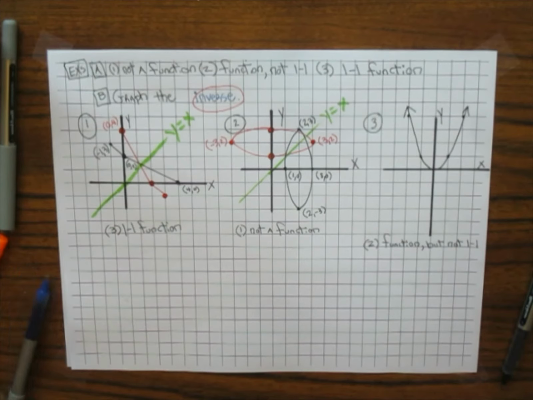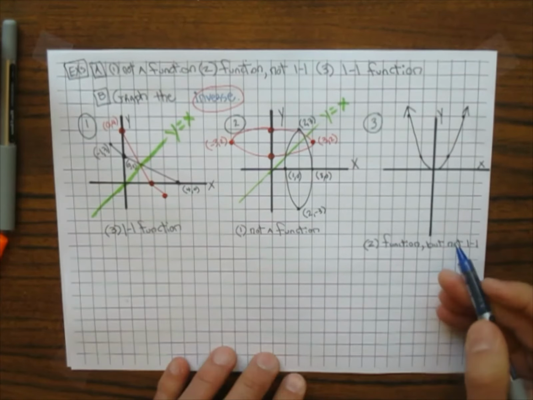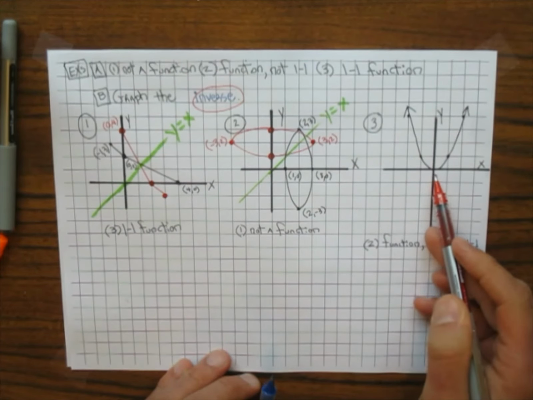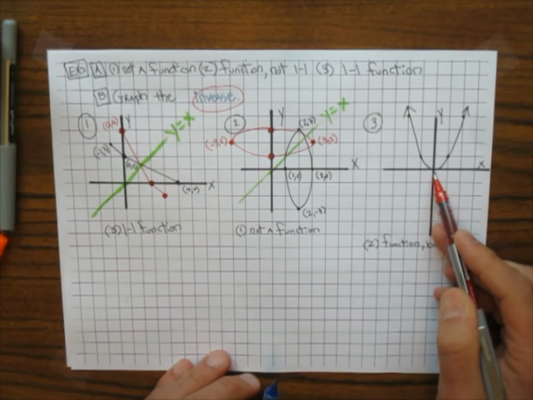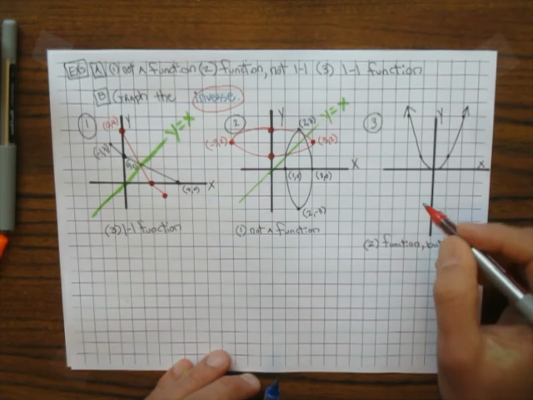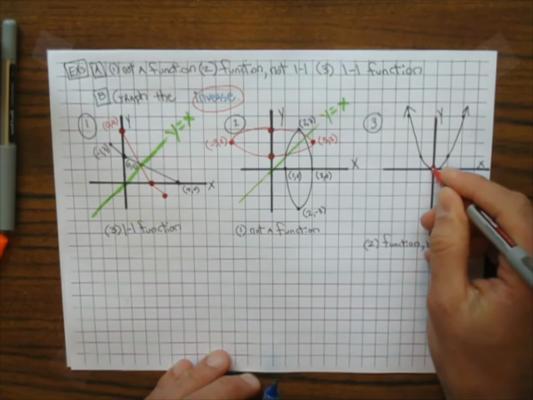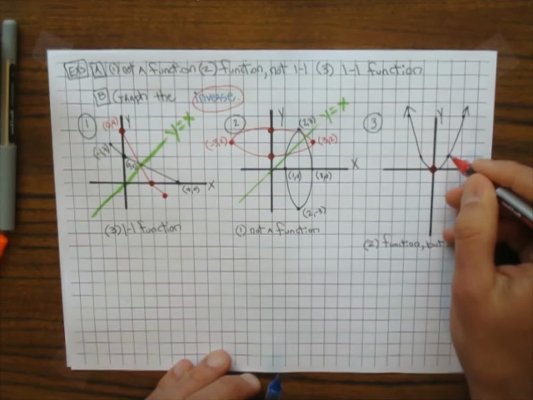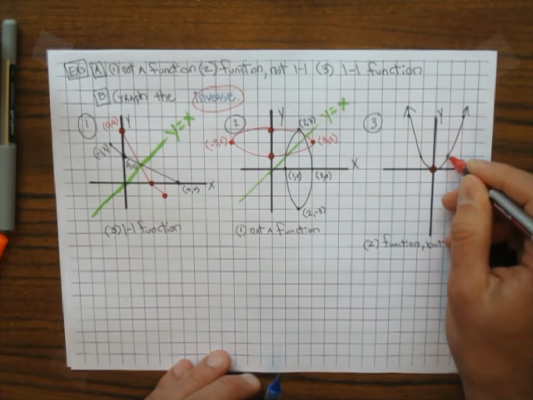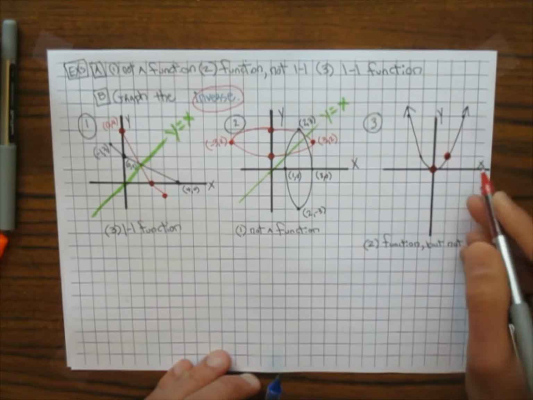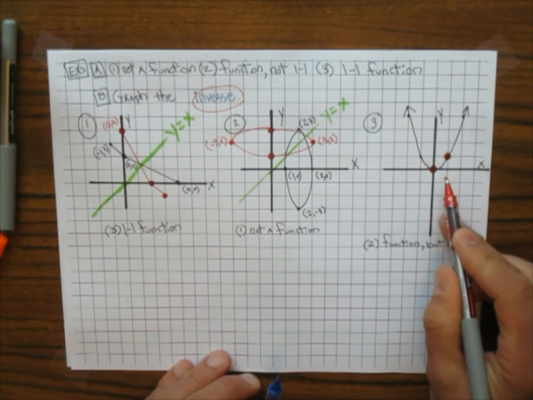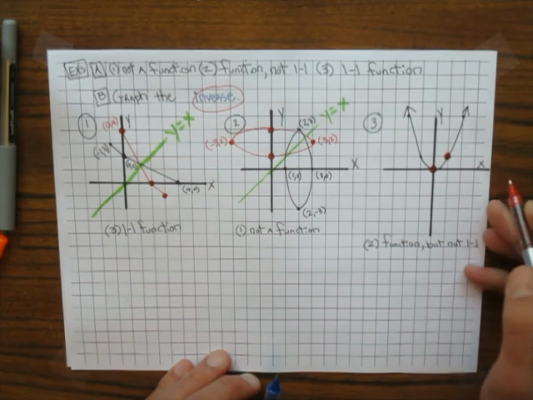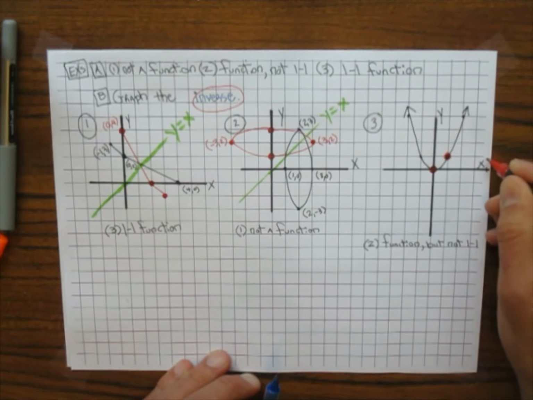The last one is our parabola. It has the points, I'm not going to label all the points. Let's see if we can do this without labeling all the points. 0, 0 is going to go to 0, 0 for the inverse. You just switch the coordinates, and 1, 1 is going to go where? 1, 1. 2, 4 is going to go to 4, 2. Good planning on my part.